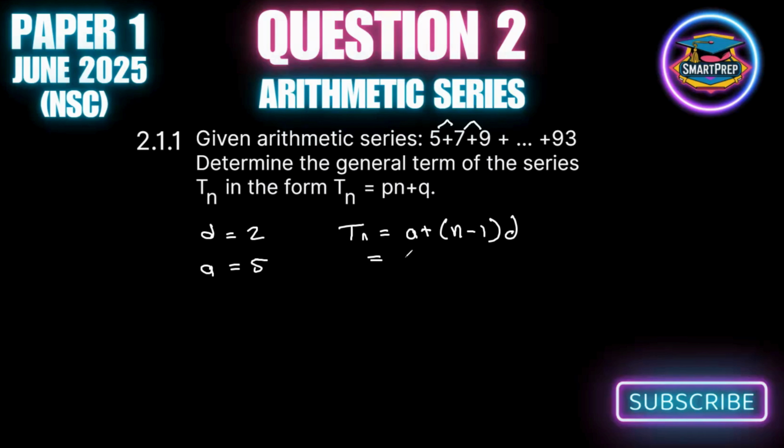We can sub in our 5 and our d is 2, and so we get 5 plus 2n minus 2, so we get 2n plus 3. Okay, nice easy one for 2.1.1, and let's go on to the next one.